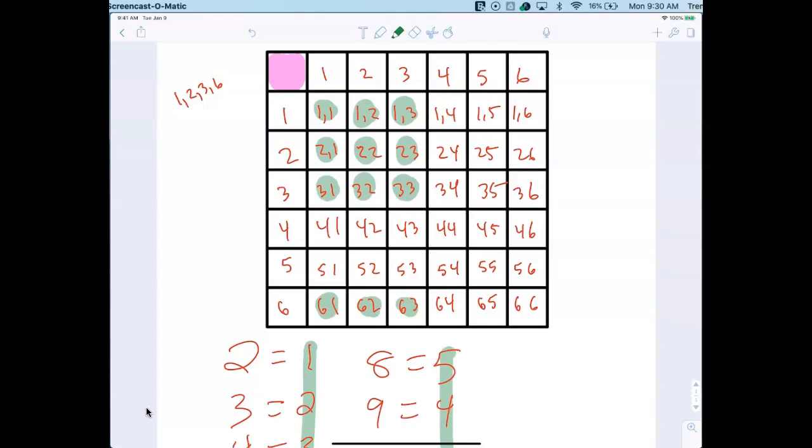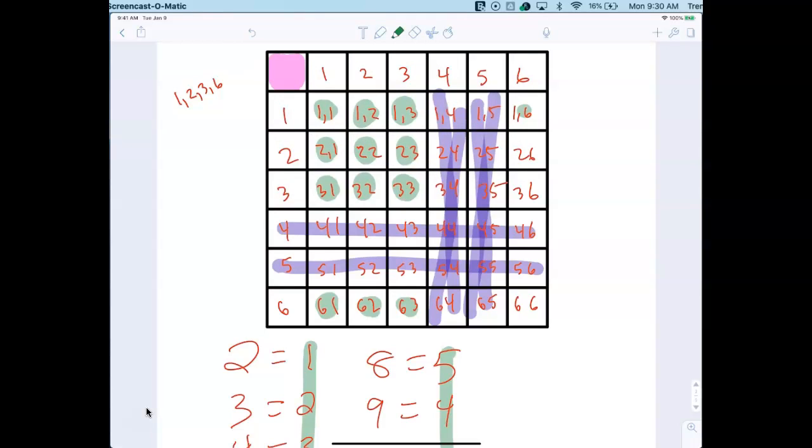No. So sometimes it's easier for me to just come up here and say, this is out. Anything with a 4 is out, and anything with a 5 is out. So everything else works. Does everybody agree with that?